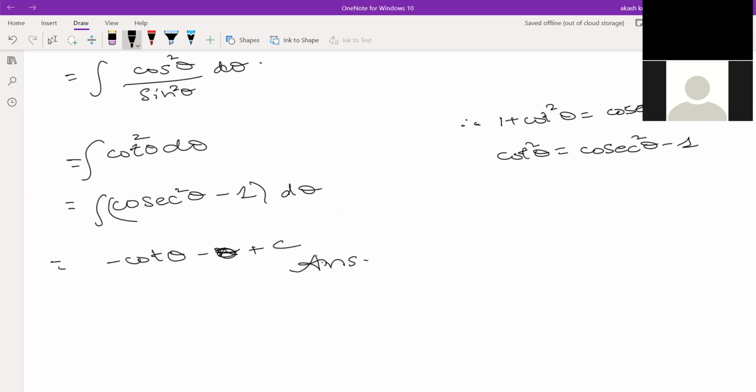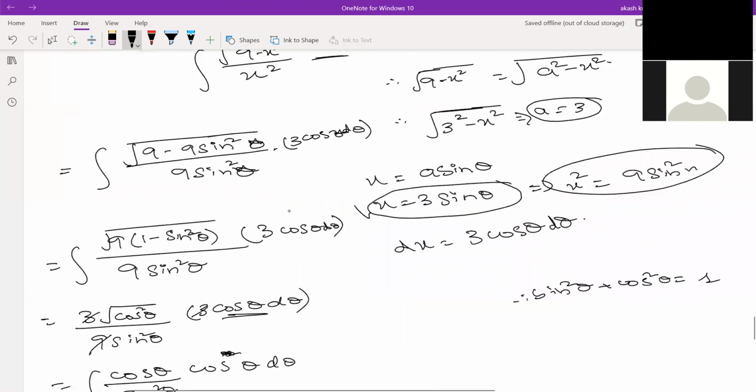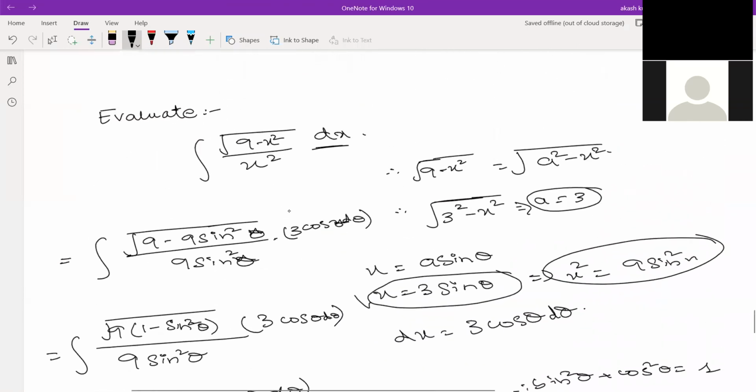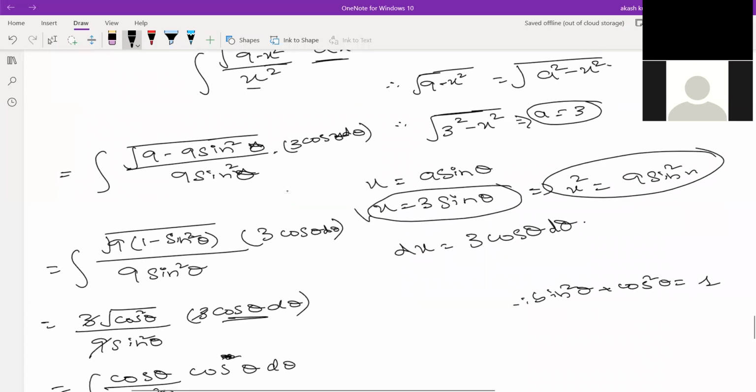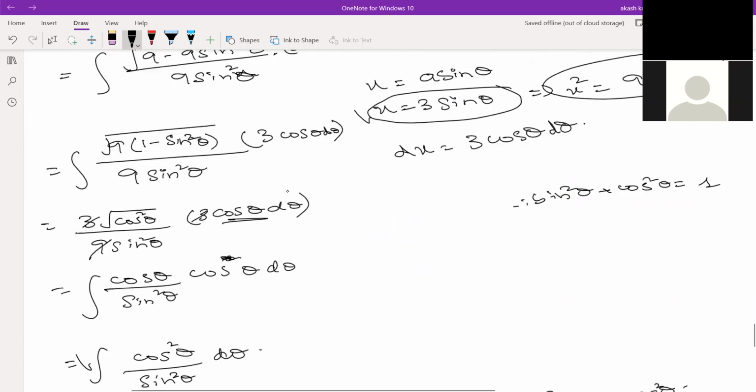Yes. Okay, it's all about remembering the identities. Our target is to convert from x to theta form using the trigonometric identities. When I was integrating it, it was completely in the form of theta, in terms of cos, sine, cosec in terms of theta, not in terms of x.